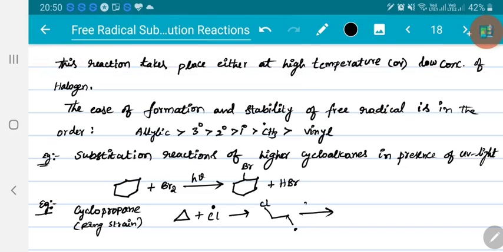Again this will combine with chlorine to form a chlorine radical here, three carbons. So to decrease the ring strain, there is possibility for reactivity with halogens through free radical mechanism.